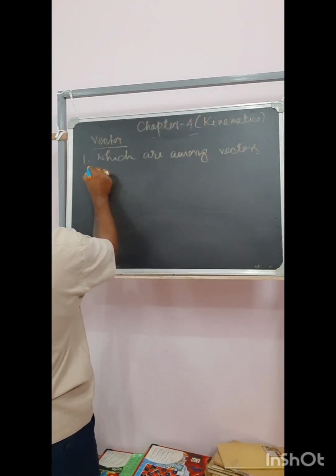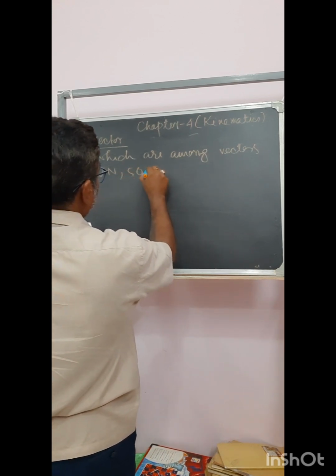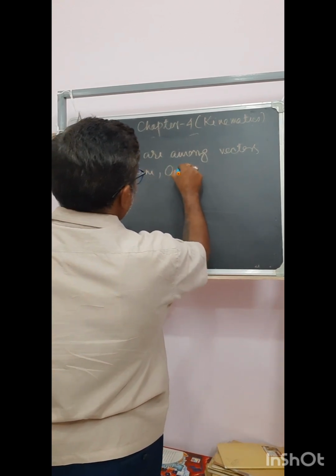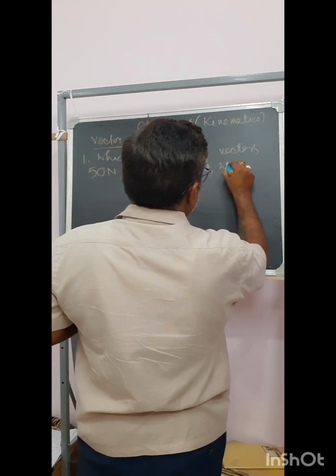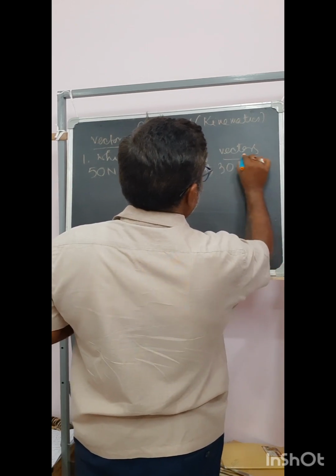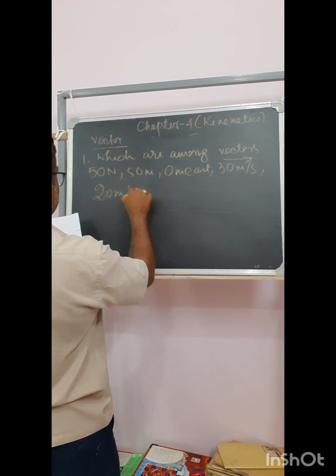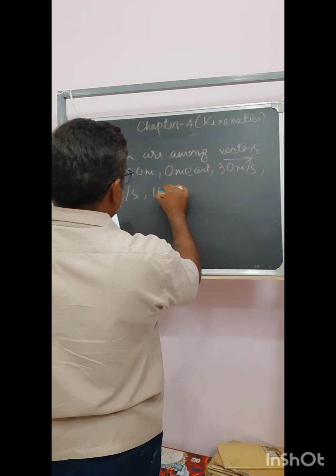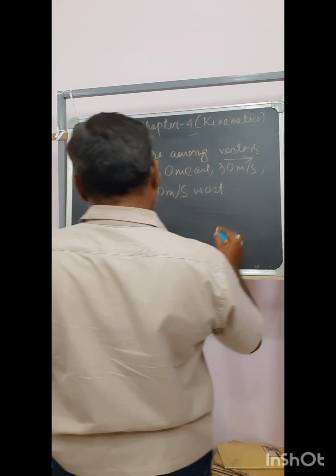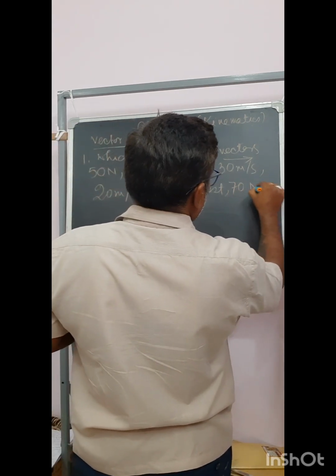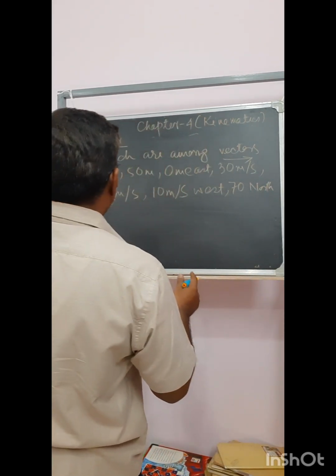Your choices are 50 Newton, 50 meter, 0 meter east, 30 meter per second with a bar, 20 meter per second, 10 meter per second west, 70 north. Okay, so let me start with the first one.